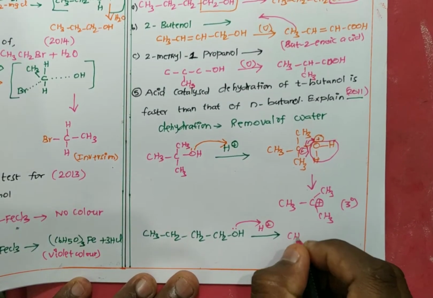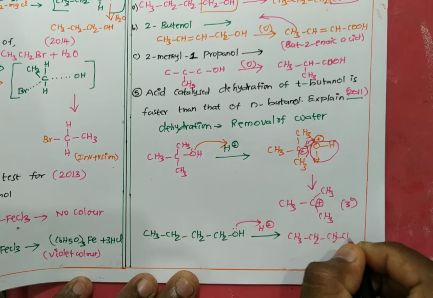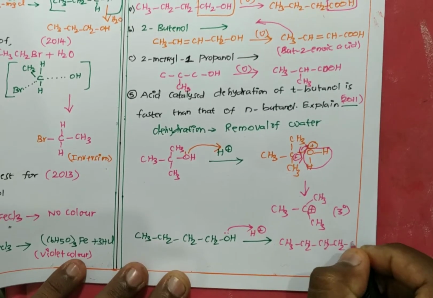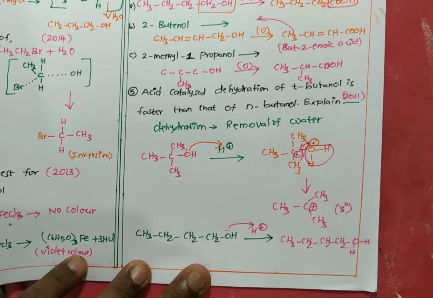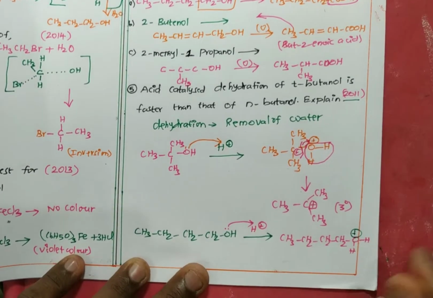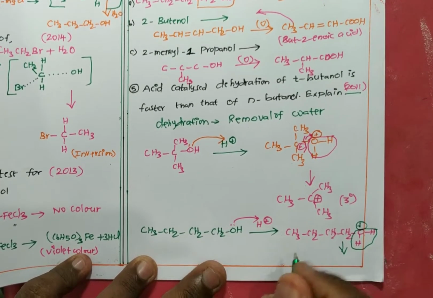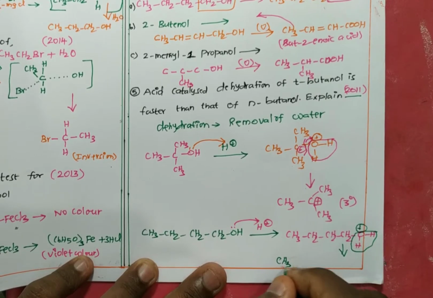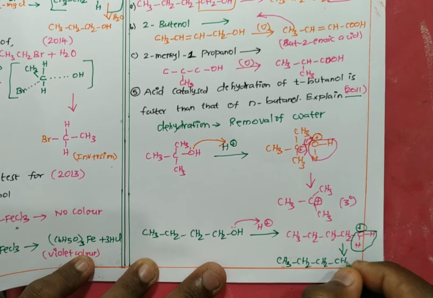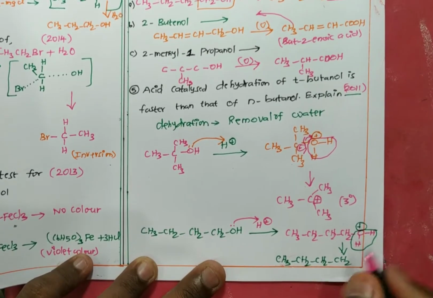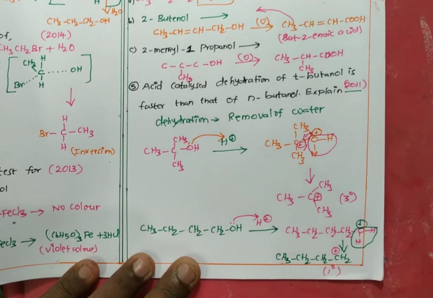By the way, here CH3, CH2, CH2, CH2O, here also one H, here also one H. Because of that donation of electrons, it got a positive charge. In the same way the water molecule is getting eliminated, and I will be getting CH3, CH2, CH2, CH2 with one positive charge on that carbon. So here now we can call it a 1 degree carbocation.